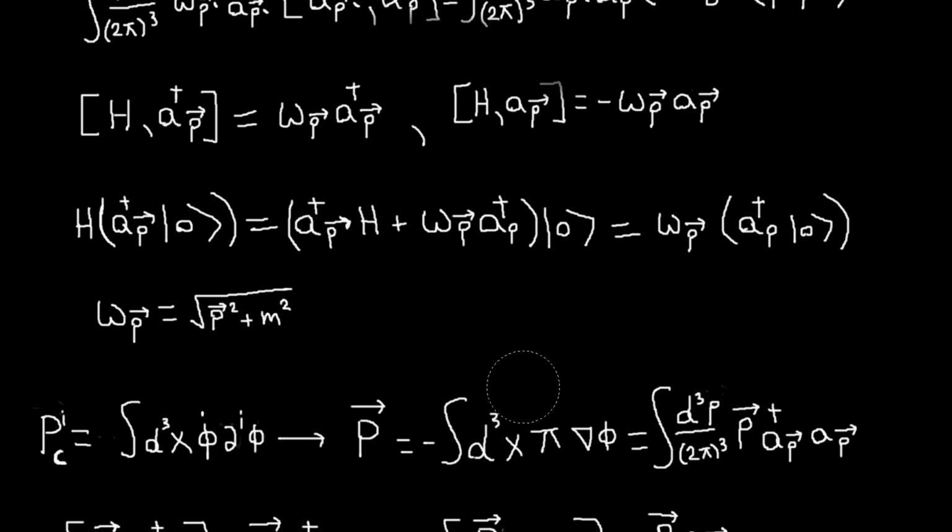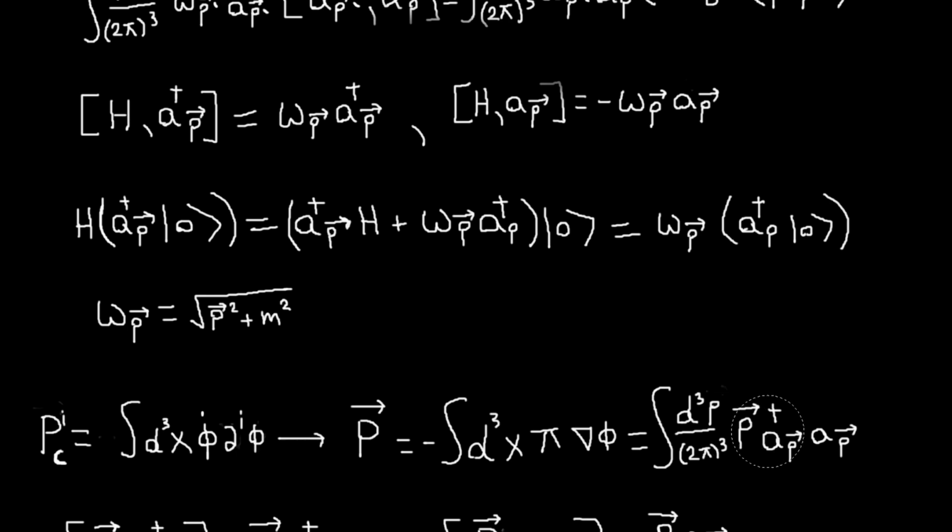That will involve a lot of tedious math, like we saw when I worked out the Hamiltonian. But if you can do that, you can do this, so I'm not going to go through it all. Basically, after you normal order everything, you will get that the momentum operator is this.